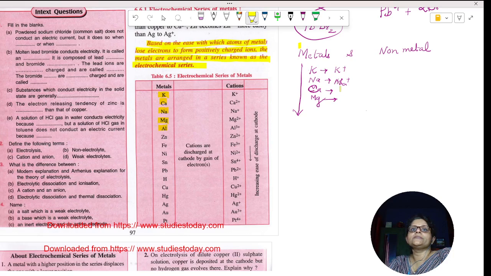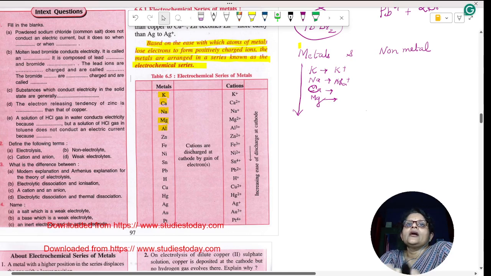That means the upper one gets oxidized very easily. Downwards, there is increasing ease of discharge at the cathode, as seen over there.